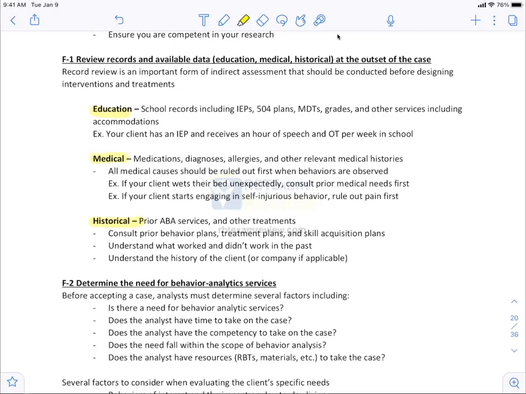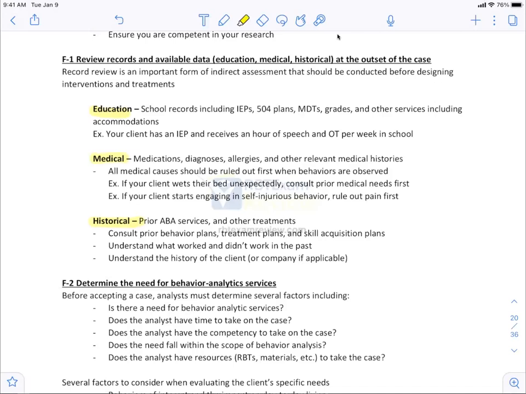All of these things are going to be relevant as we consider time of day for sessions, okay, what we're doing at the beginning of session, middle of session, end of session. And remember, as behavior analysts, we always rule out medical problems first. So if something comes up through our treatment, can we point back to a medical cause or a possible medical cause? Rule it out before we start behavior analyst treatment, right?